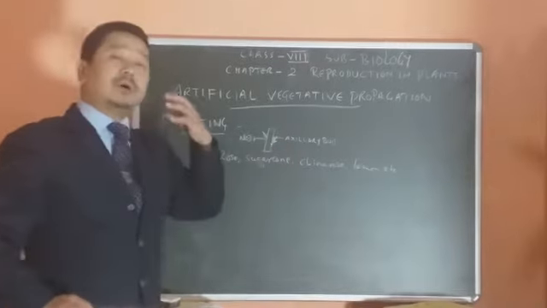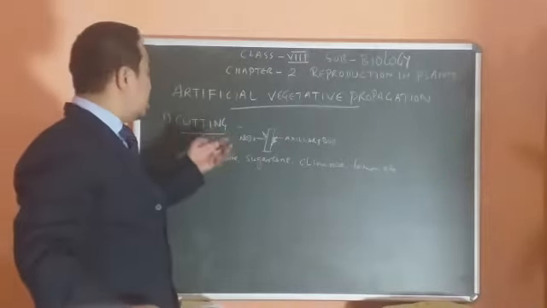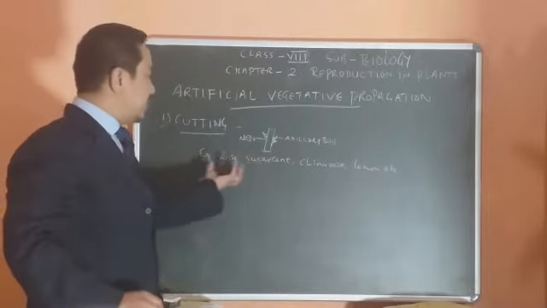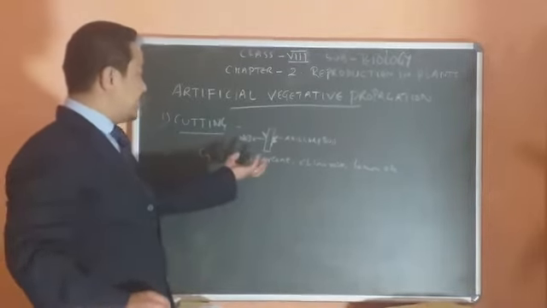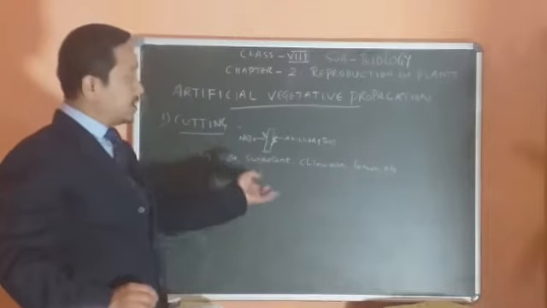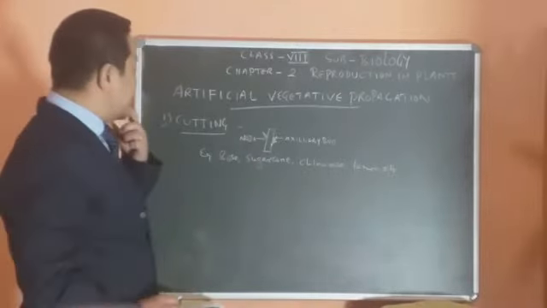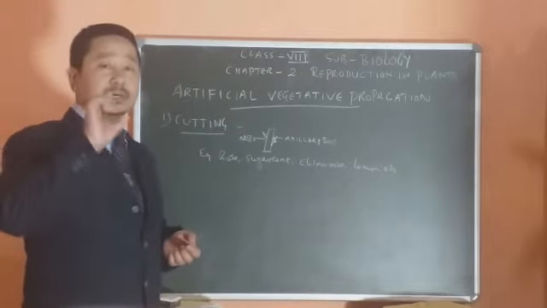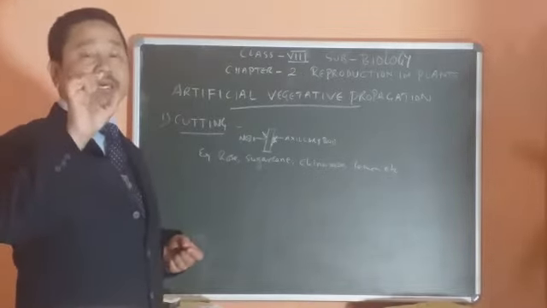There are other plants also where cutting can be done. So these plants are selected, and from there, a small stem is cut.